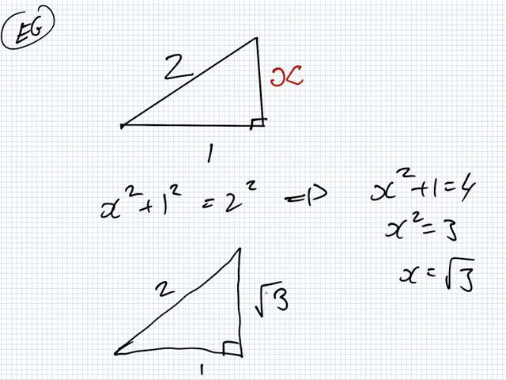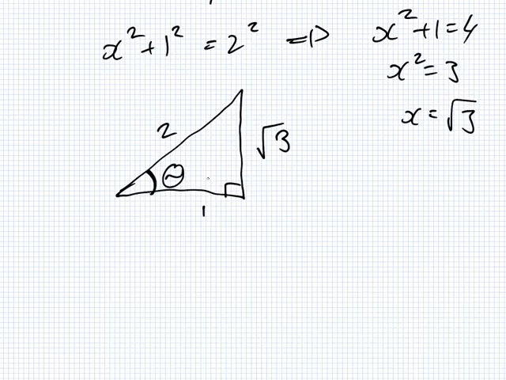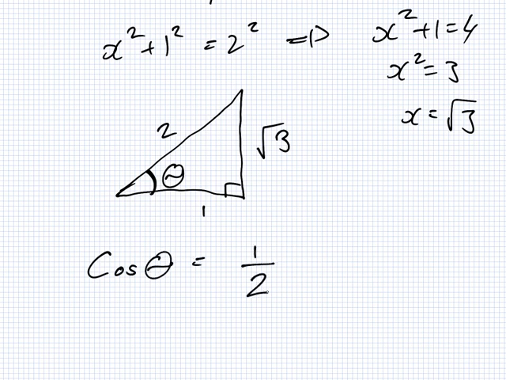Okay. Now I would like to find this angle. I'll call it theta. So the nice thing is I actually have all the sides. So I can use sine, cos, or tan. So I'll just use cos as an example. So we know that cos theta equals 1 over 2.